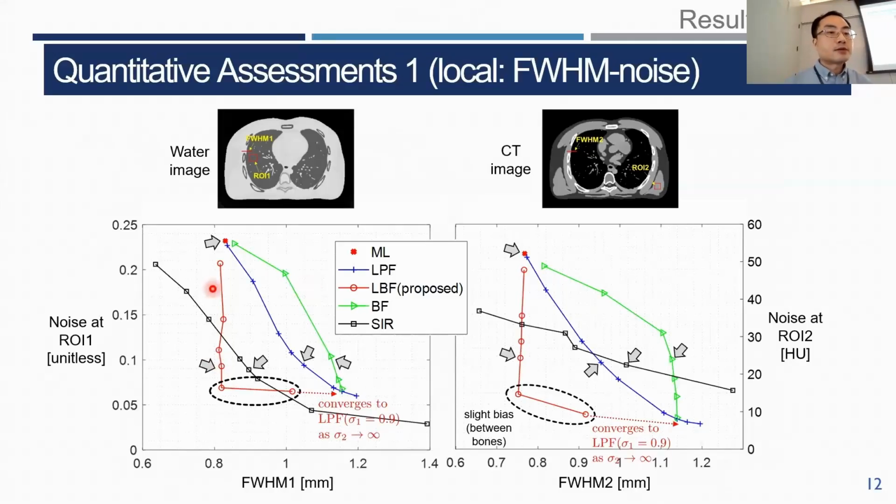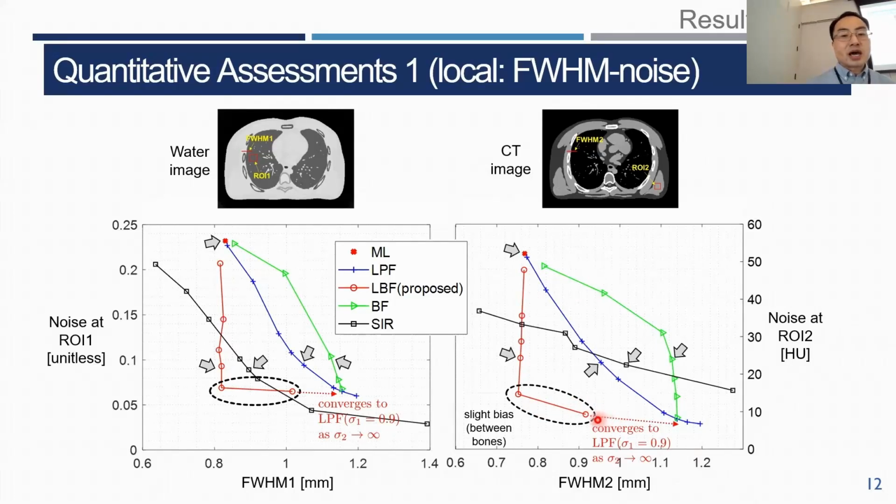And this is the result for local behavior of noise and spatial resolution, measured here for the water image. ML is here, you see quite a large noise. Interestingly, the proposed method substantially reduces the noise without sacrificing resolution at some point. You can see a similar trend for the CT image here.